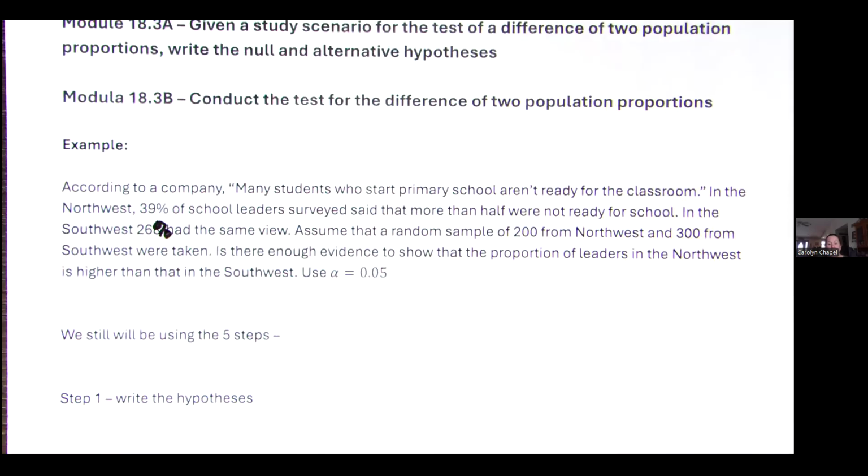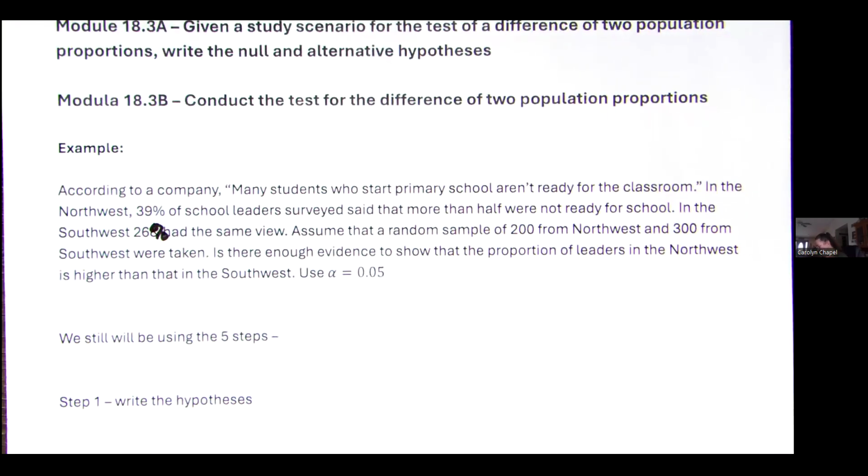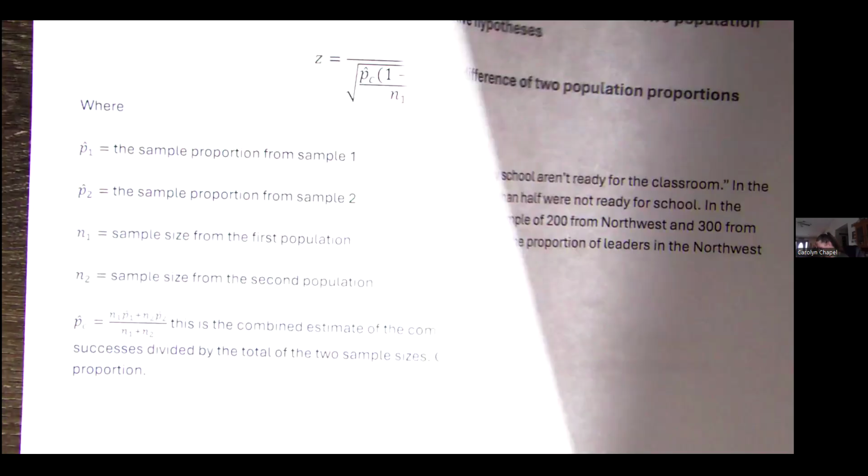Assume that a random sample of 200 from the Northwest and 300 from the Southwest were taken. Is there enough evidence to show that the proportion of leaders in the Northwest is higher than that in the Southwest? And we're going to use alpha equal to 0.05. We will need a little bit more information further down the road.